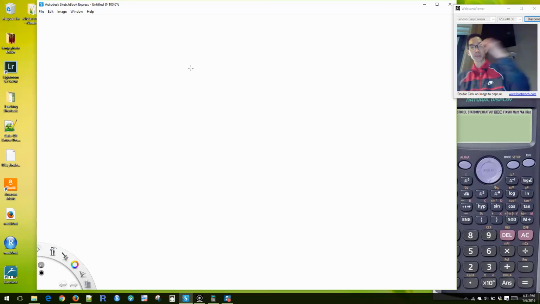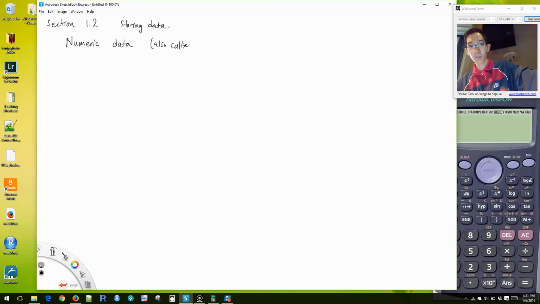All right, so we'll talk just a little bit about section 1.2, which is about storing data. Okay, and the big thing here is you've got numeric data, also called quantitative data.